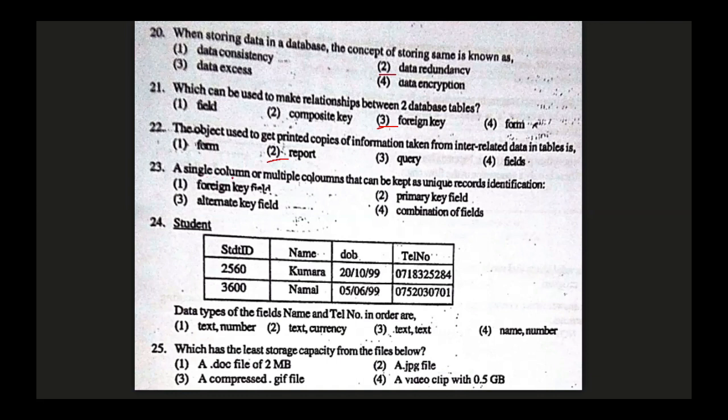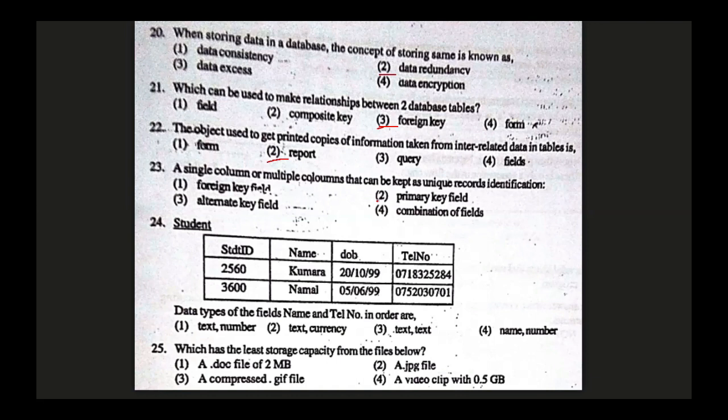23, a single column or multiple columns can be kept as unique record identification. Yes, a single column or multiple columns can be kept as unique record. Here it is a foreign key, not the primary key. I think you may have made a mistake here.